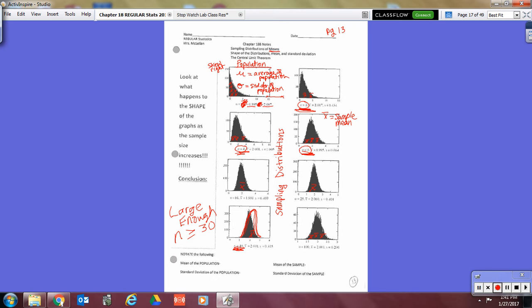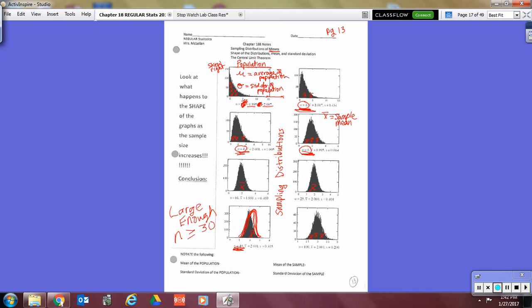So let me say that again. Listen up. What we know is that if your sample is large enough, which for means is greater than or equal to 30, then your population could be all messed up. It could be skewed. It could be all these different things. It doesn't matter. Once you make a sample, you'll get a sampling distribution that's normal.